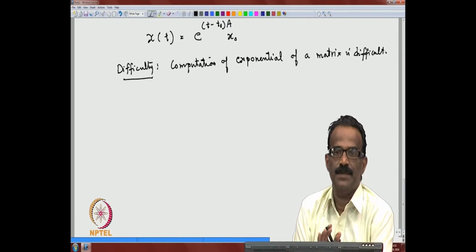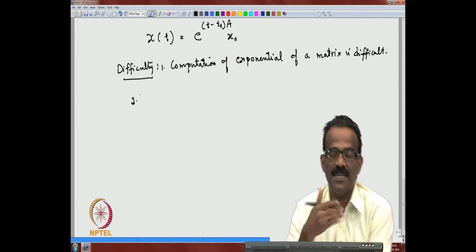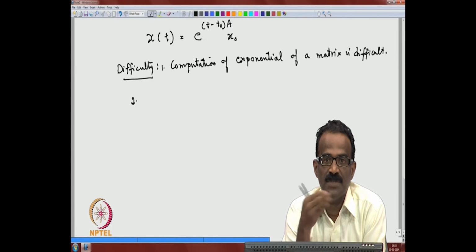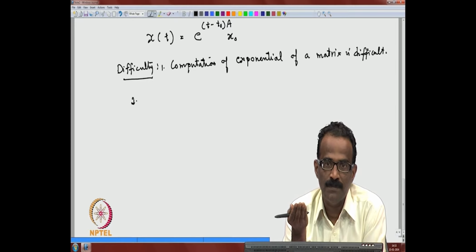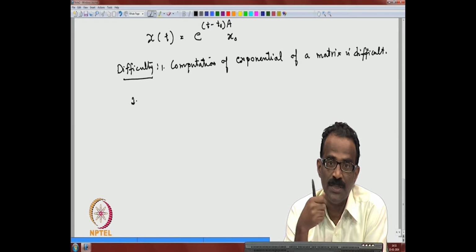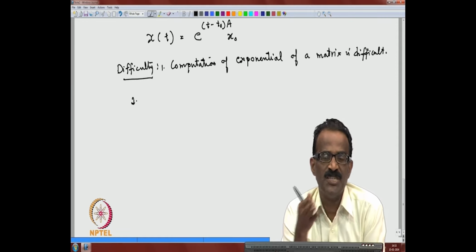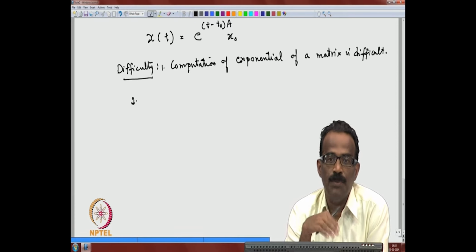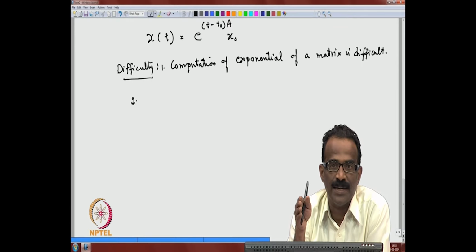That is one point. The second point is that, as I remarked again, x t you have to think of as a solution to a dynamical system. In other words, you can think of x t as the motion of a particle. So, the important issue is how this particle behaves, especially near an equilibrium point, which we are going to explain, and you will also learn about equilibrium points later in the nonlinear theory.